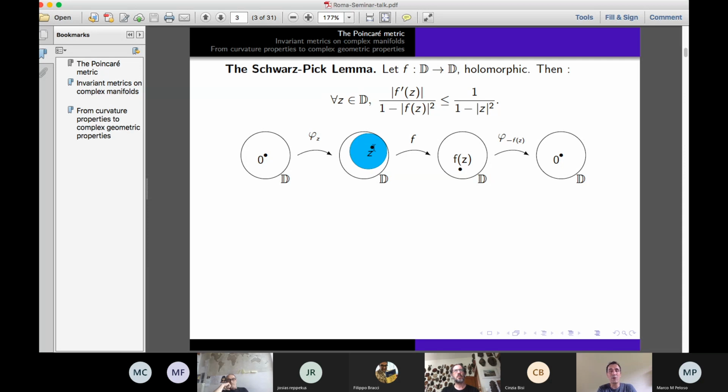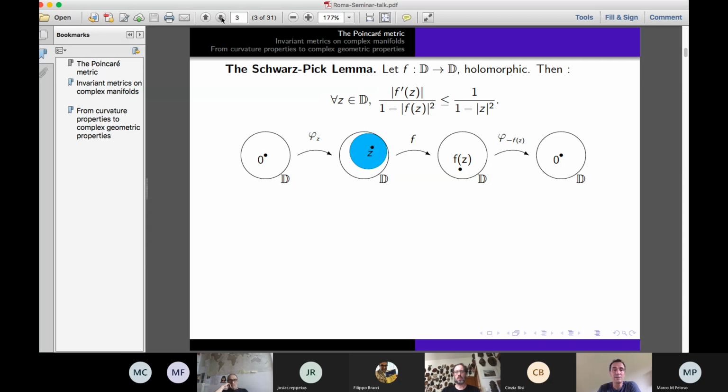And so by the composition of these maps, you have a map from the unit disk to the unit disk that sends 0 to 0. And then you know, of course, that it satisfies the usual Schwarz lemma. And it's really then using the usual Schwarz lemma, meaning that the derivative of the composition has modulus less than or equal to 1, that you arrive at this inequality.